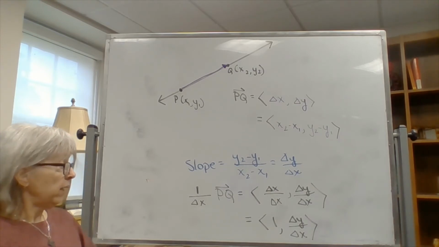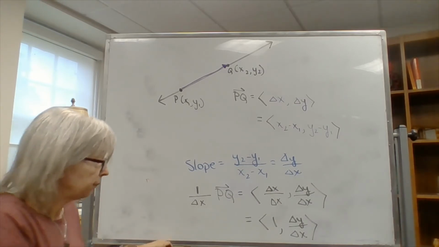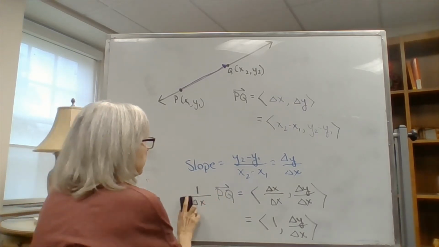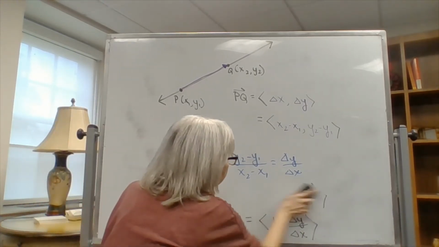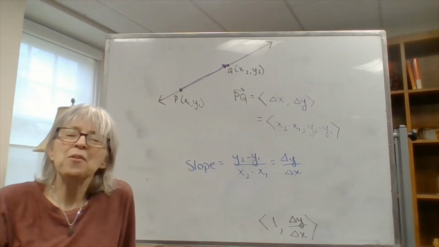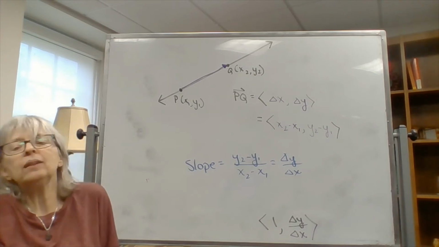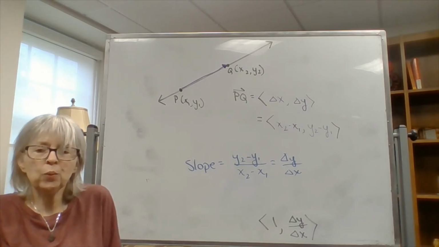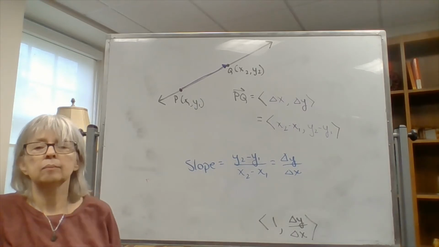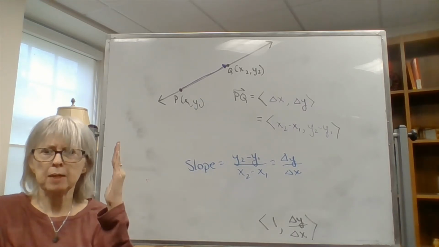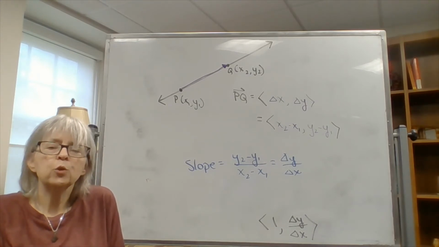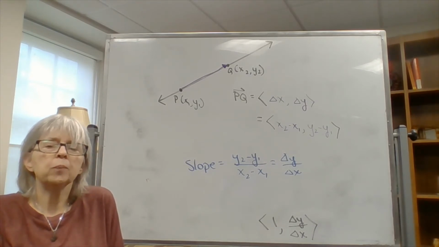Oh, and you know what? Because that is just a scalar multiple of my vector PQ, I know that that vector, as long as I'm not on a vertical line, is always parallel to my vector PQ.